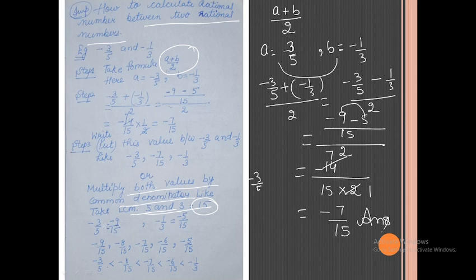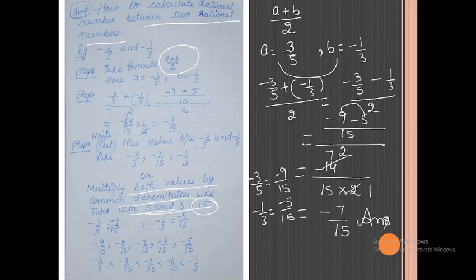The denominator taken here is 15. 5 threes are 15, that means 5 multiplied by 3, then we get this denominator. So here the numerator also is multiplied by 3. 3 threes are 9. And 1 by 3 is equal to, with denominator taken here 15, 3 fives are 15, that means 1 is also multiplied by 5.